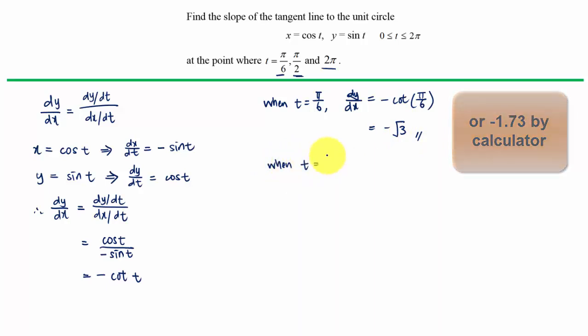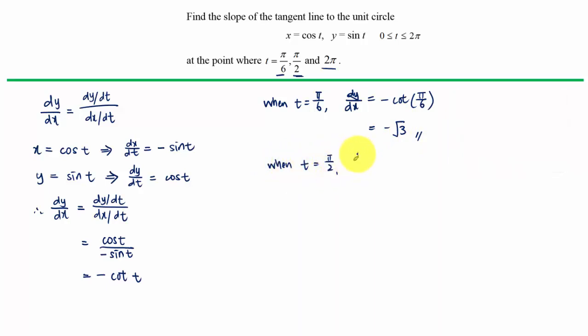When t is equal to pi over 2, dy/dx is given by minus cotangent pi over 2, which will give us a value of 0.